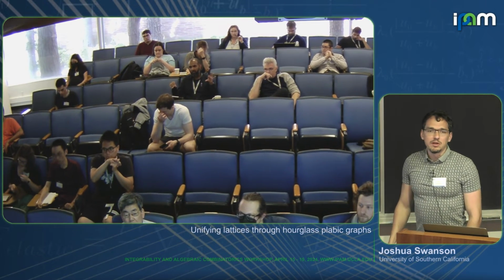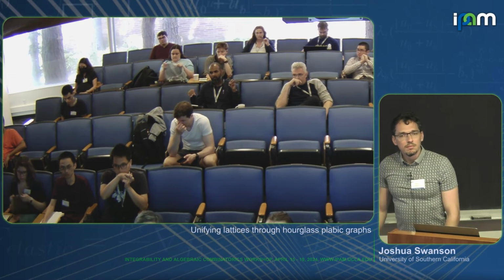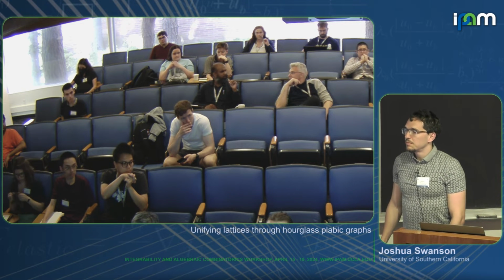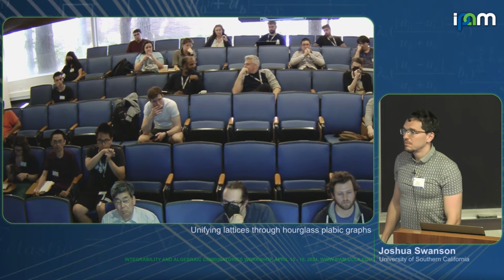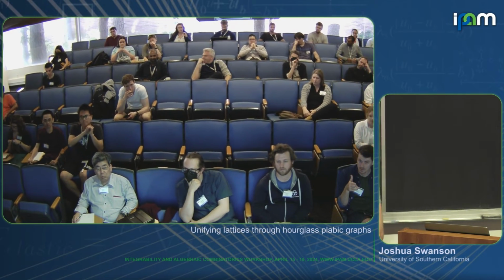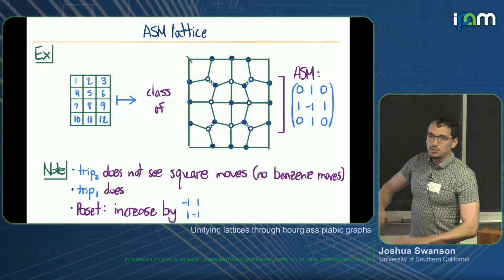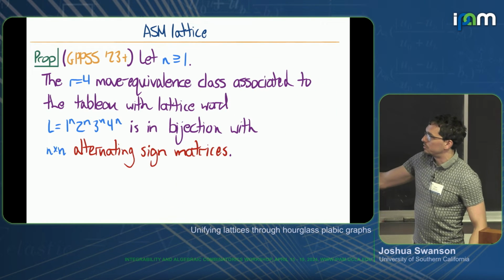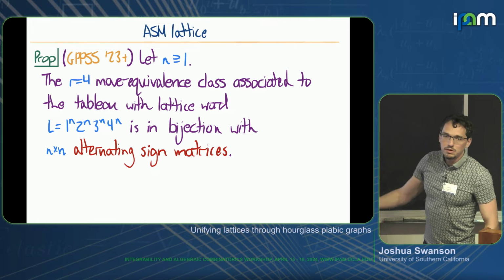Fibers, I would say. There are many possible trip permutations. If you do square moves on this, the trip permutations will all be the same, and they'll all be the same as the promotion permutation of this lattice word.